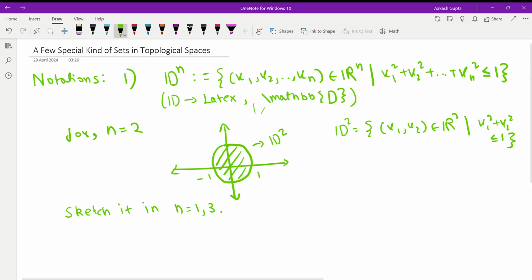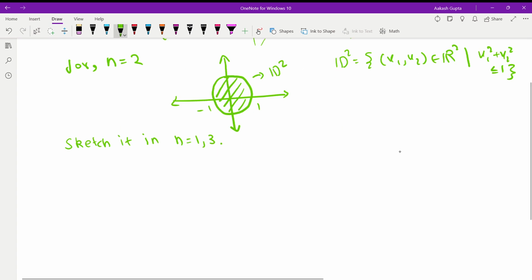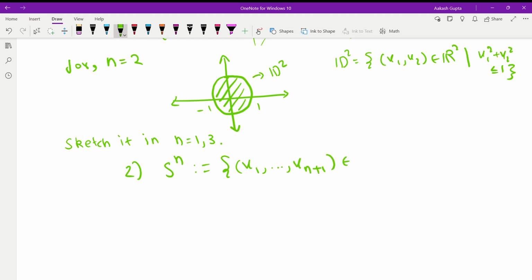So another notation which I want to introduce is Sn. This is the collection of n plus 1 tuples, note that not n, in Rn plus 1. There is a reason to denote it by S to the power n rather than S to the power n plus 1.